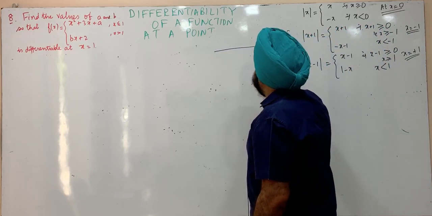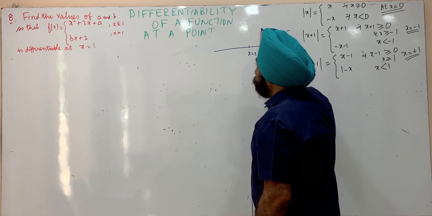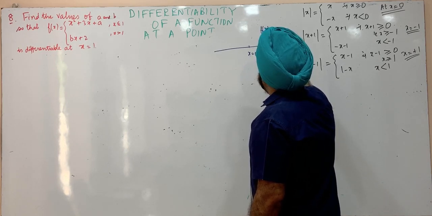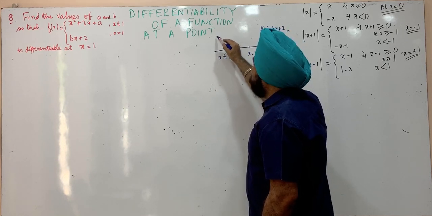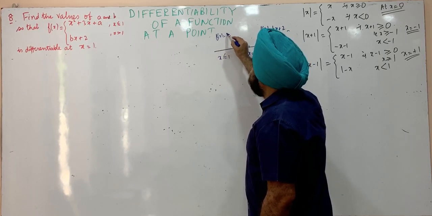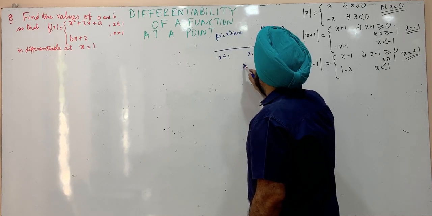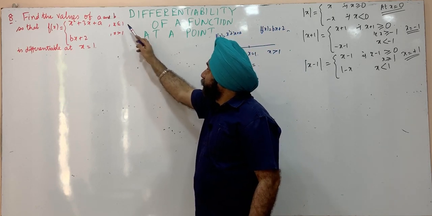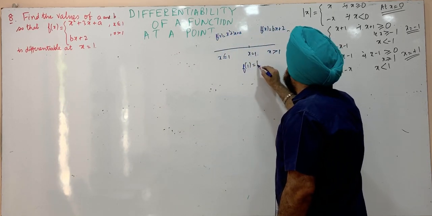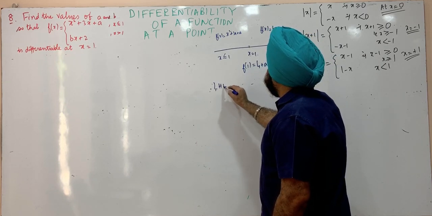So number line, this is x is equal to 1, x greater than 1, f of x is bx plus 2, and x less than or equal to 1, f of x is x square plus 3x plus a. F of 1 will be from this side, equal to 1 is here, so it's 4 plus a. Let's find out left hand derivative.